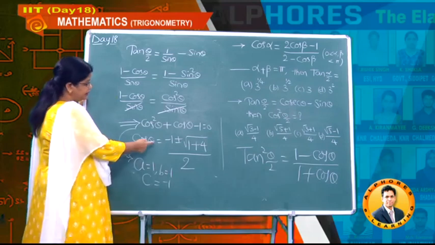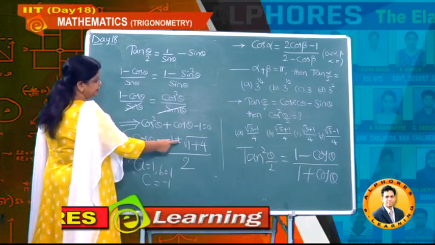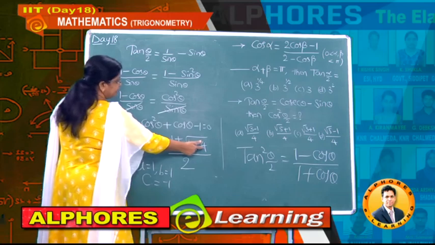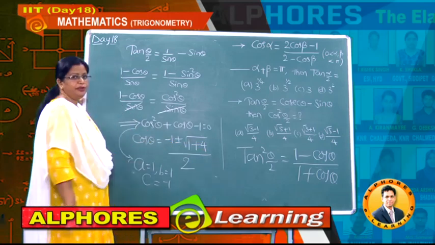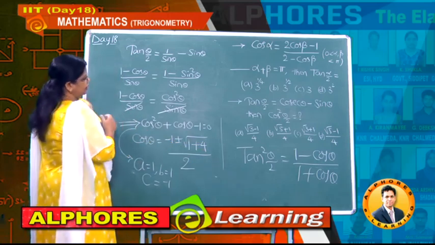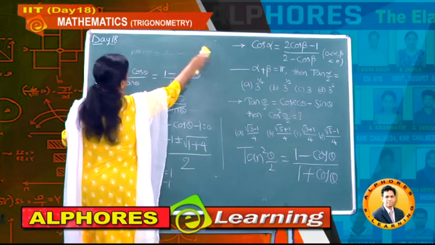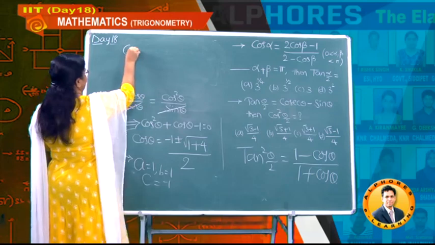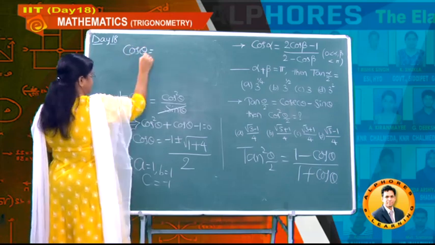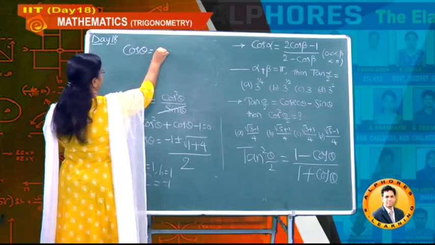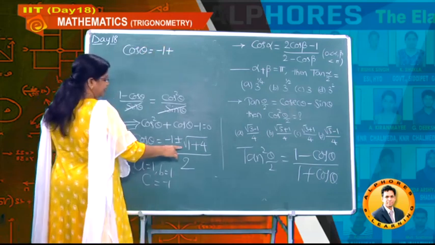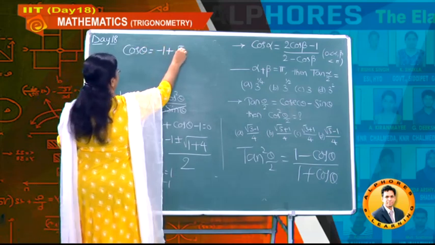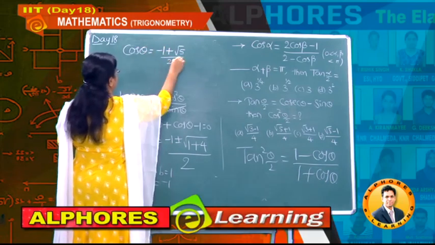So we applied the formula minus b plus or minus root of b square minus 4ac by 2a. Then what is the cos theta value, students? The cos theta value you got is minus 1 plus root 5 divided by 2, and what is the other value?